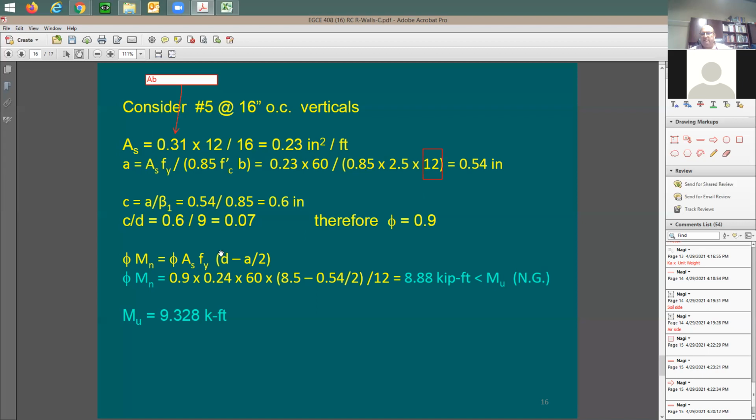Now the phi factor is going to be 0.9. Amount of steel equals 0.24 square inches. It's about 0.24, 0.23 if you just run the numbers. Fy is going to be 60 ksi.